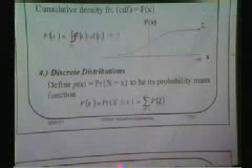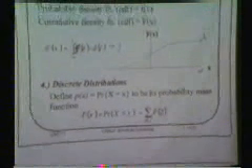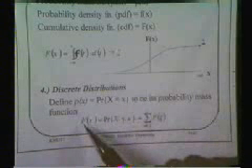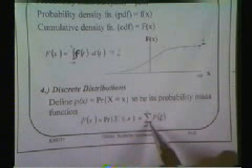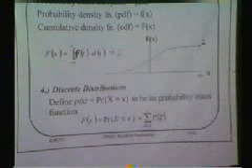Okay, in a discrete form, instead of integration, it would be summation instead. So the CDF would be the summation of the PDF, right?